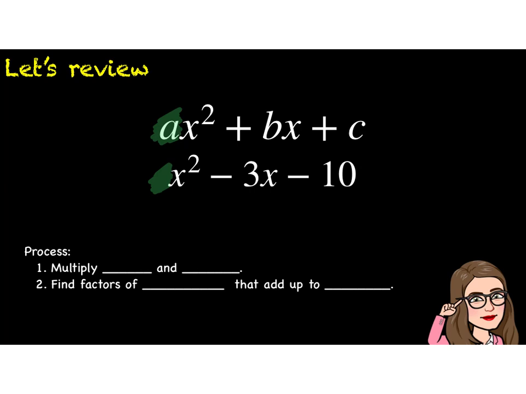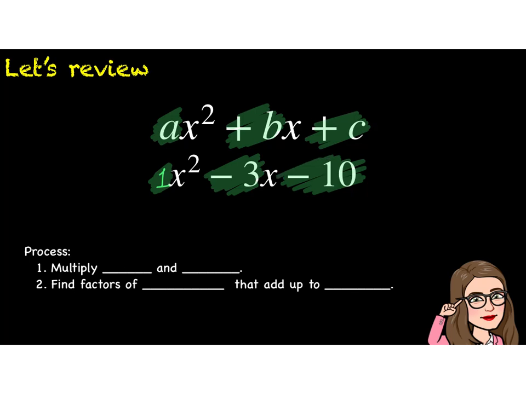In this case, that will be an invisible 1. B represents the number in front of the regular x, which in this case is a negative 3. And at last, C represents the number without a variable, in this case negative 10. So it is very important that we know what each one of these numbers is. In this case, A equals 1, B is negative 3, and C is negative 10.